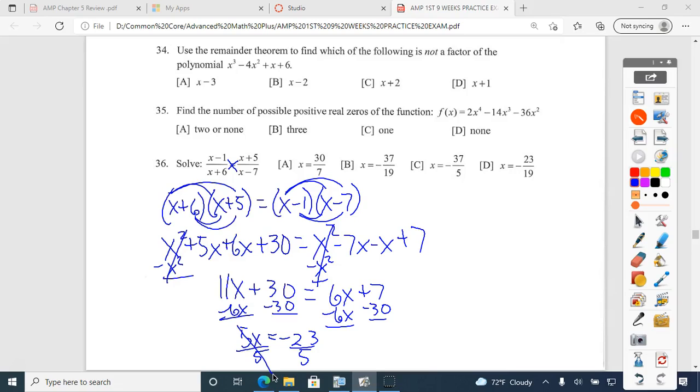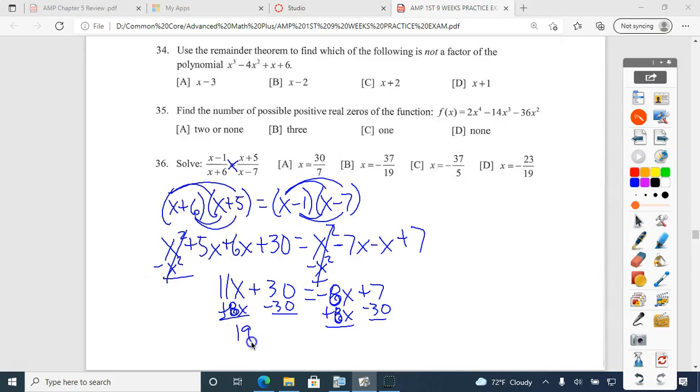Let's see here. Oh, I did this wrong. This was minus 7x and minus x, so that's negative 8x, excuse me. So I should have been adding 8 here. Sorry about that. So 11x plus 8x is 19x. So let me erase this.